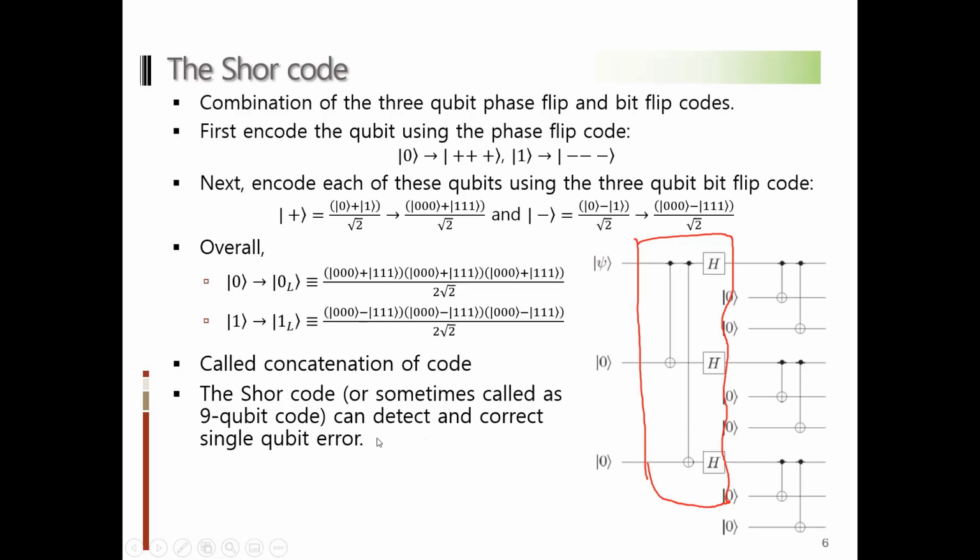You might wonder whether we really need all those 9 qubits, because it might sound like a lot just to represent a single qubit. The answer is there are actually more complicated codes which can reduce the number of necessary physical qubits.